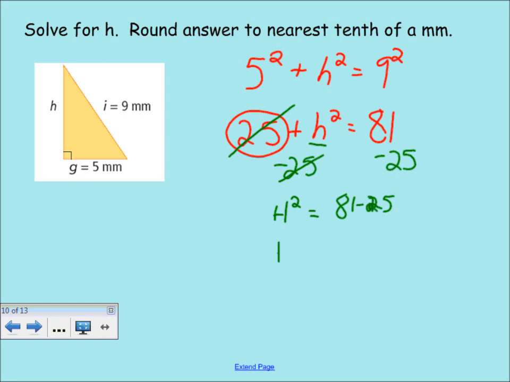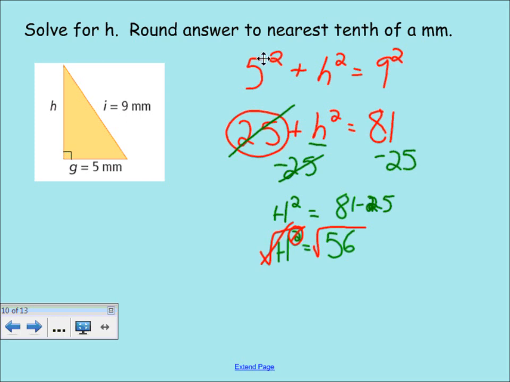So h squared equals 56. To get rid of that square, the opposite of squared is square root, so we cross that out. Whatever we do to this side, we have to do to this side.